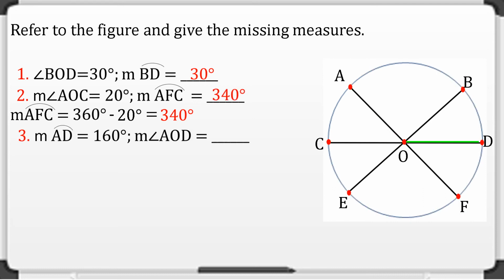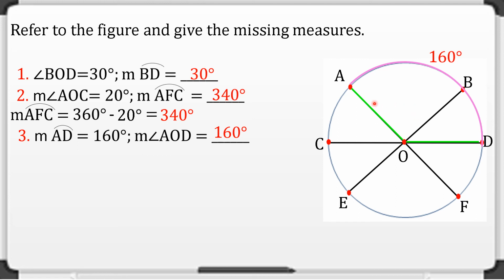Next, number 3. If AD is equal to 160, so ito, arc AD equals sa 160. What is the measure of AOD? Our measure is also 160. Why?